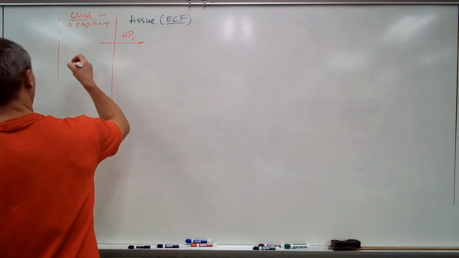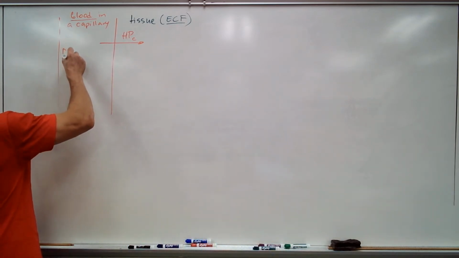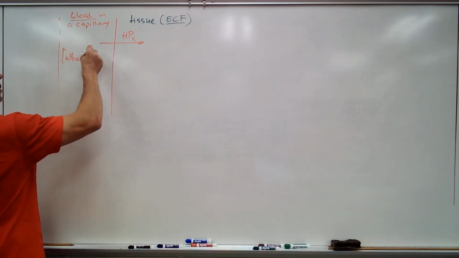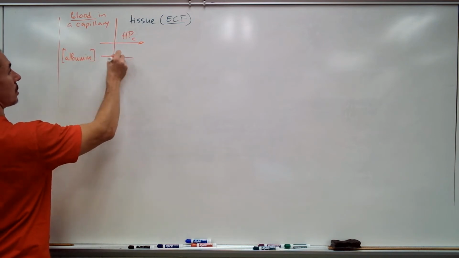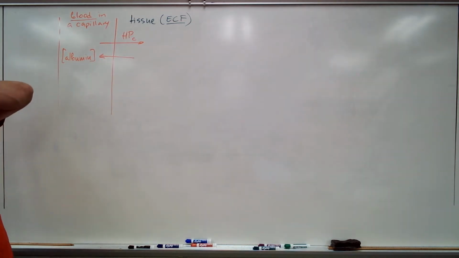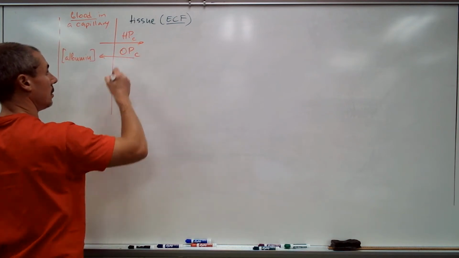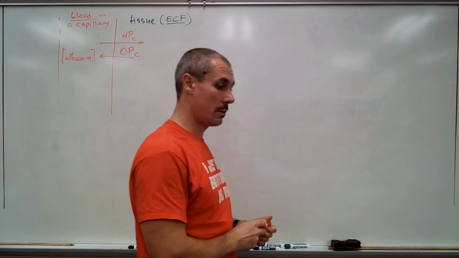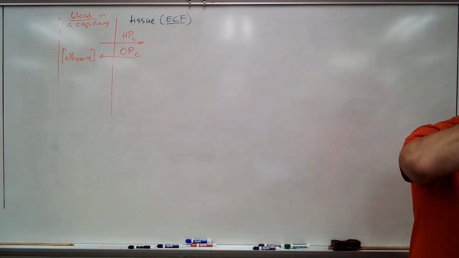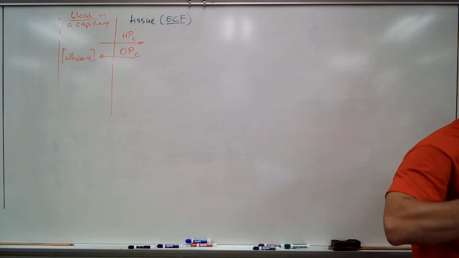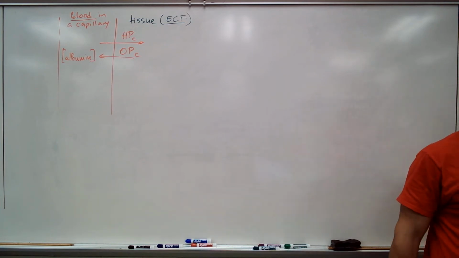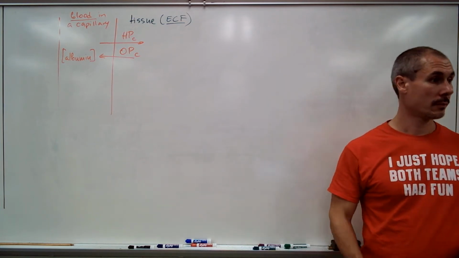Okay? So I'm going to put here, albumin. Albumin draws fluid, pulls it from the tissue into the capillary. So this is called capillary osmotic pressure, OPC. Okay, so far so good? Good?